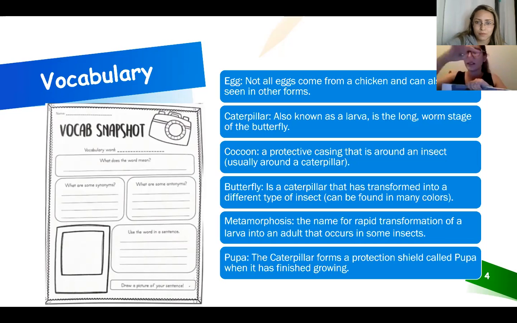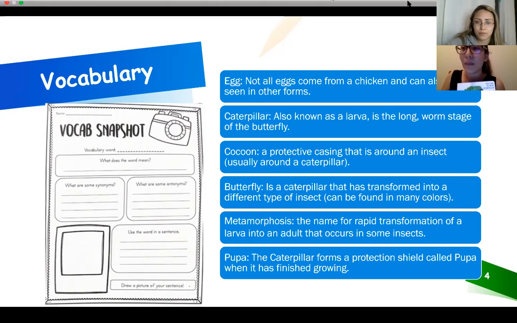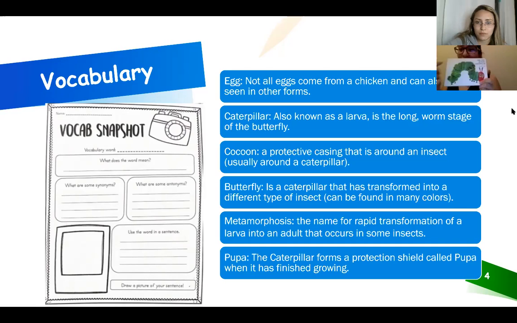These eggs are teeny tiny. Can we all go like this? Teeny tiny. Exactly. Caterpillar, also known as a larva, is the long worm stage of the butterfly. Okay, so you see, this is how a caterpillar looks like with these legs and a whole bunch of hair. Yes, I hear that a lot of you guys have seen them before.